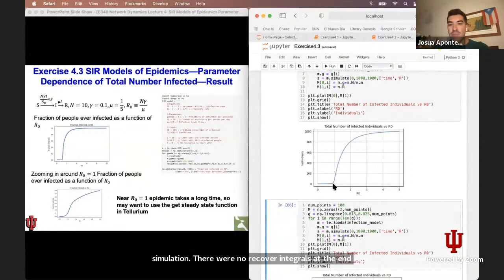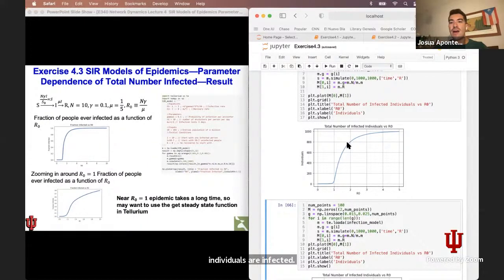Then what happens between, let's say, 1 and 1.5? Right. Small changes in this region, small changes in R0, result in big changes in the final number of individuals that are infected.